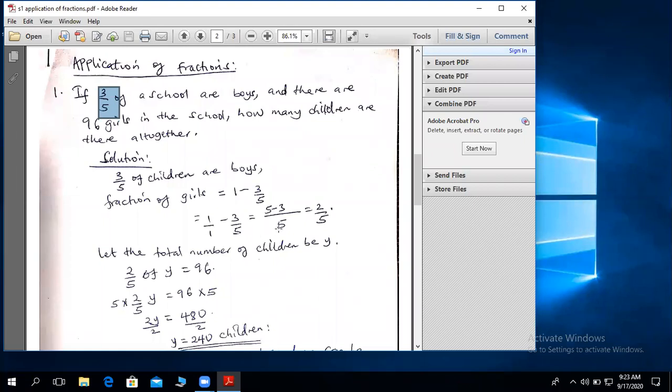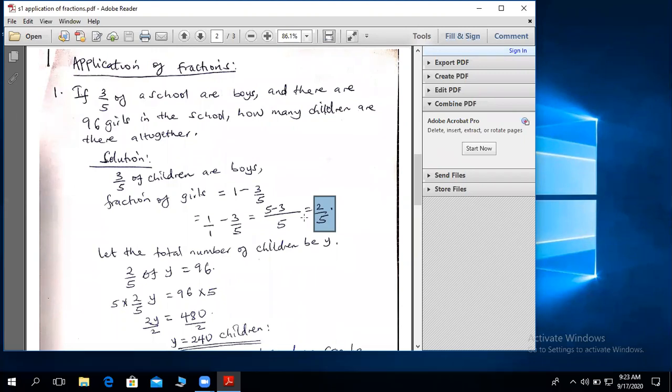Then minus 5 divided by 5, the answer is 1 times 3, which is 3. So 5 minus 3, the answer is 2. So that means the fraction of girls is 2 out of 5. I think you agree with that totally.